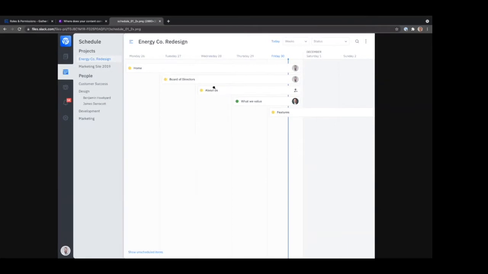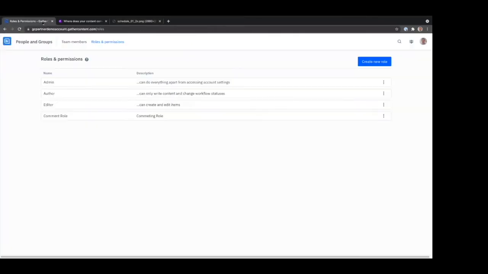We're working on displaying a timeline of content and when things are due to be completed. But what I was talking to the customer about was a lot more around speed to market. How can we tell management that in the last week, after adopting Gather Content, there was a 100x increase in the time to market for pieces of content?